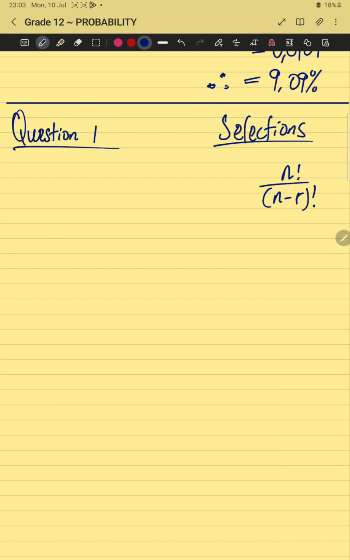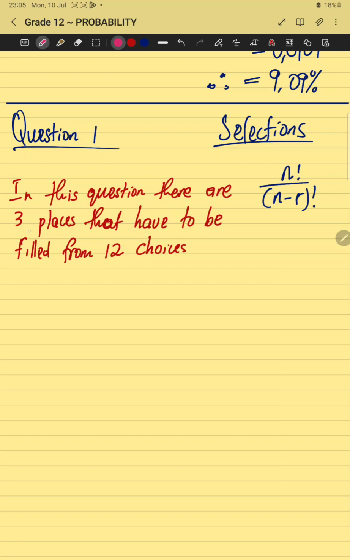In this question, there are 3 places that have to be filled from 12 choices. So n stands for the number of choices, and r is the place or space.